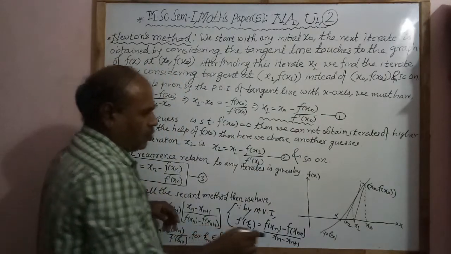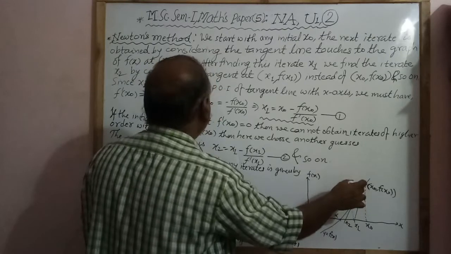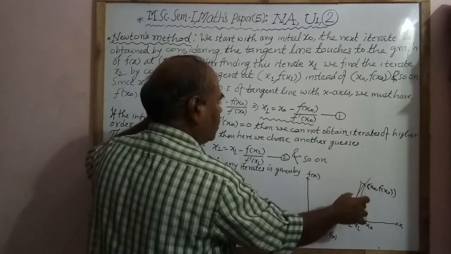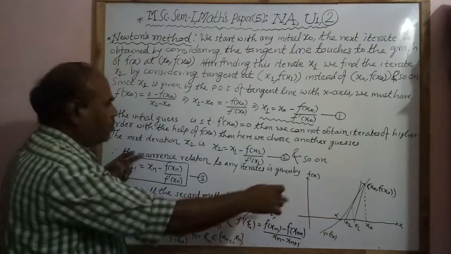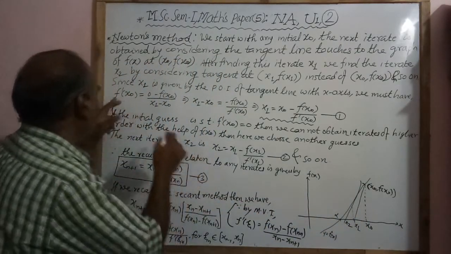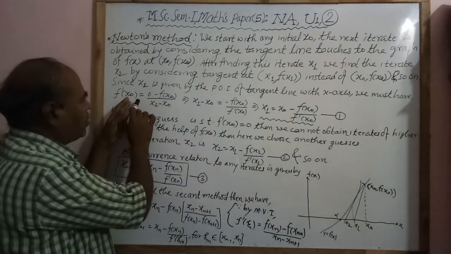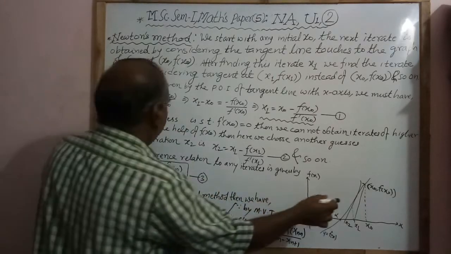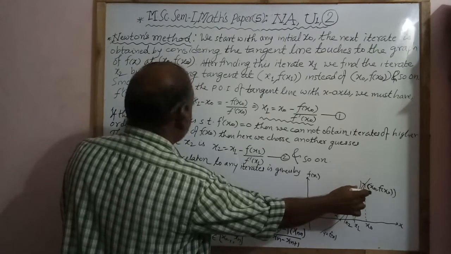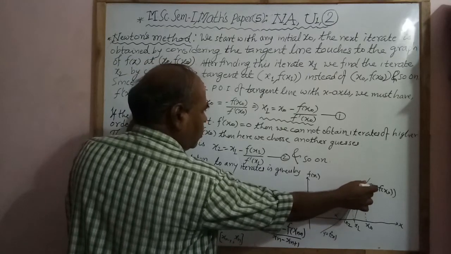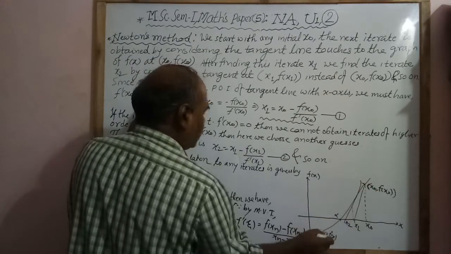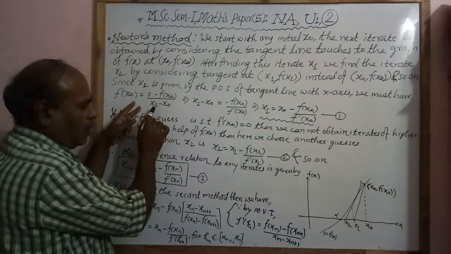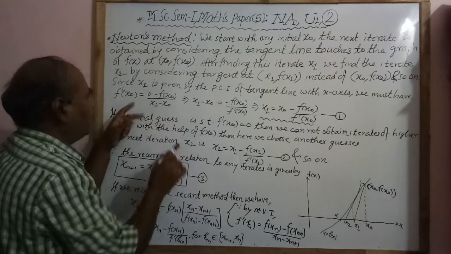What is x1? x1 is given by the point of intersection of the tangent line with the x-axis, as in the figure. Therefore, we must have f dash of x0, that is the derivative at the point x0, given by the difference of these points: 0 minus f of x0 divided by x1 minus x0.